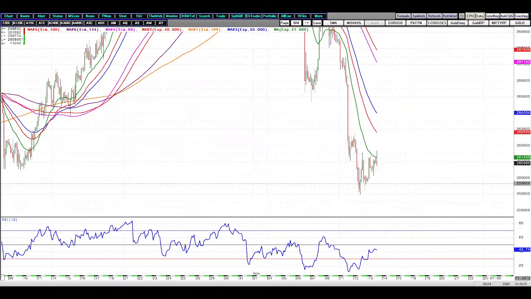Lower our stop to 11, or 11 and a half, so at least we don't lose money on this trade.